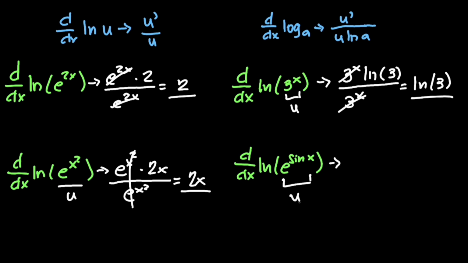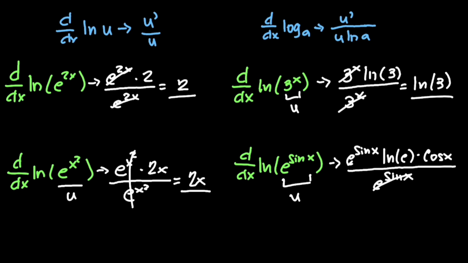U here will be e raised to the power of sin x. The derivative of natural log of e raised to the power of sin x will be e raised to the power of sin of x multiplied by the natural log of e, multiplied by the derivative of sin of x, which is cosine of x, over u here, which will be e raised to the power of sin of x.